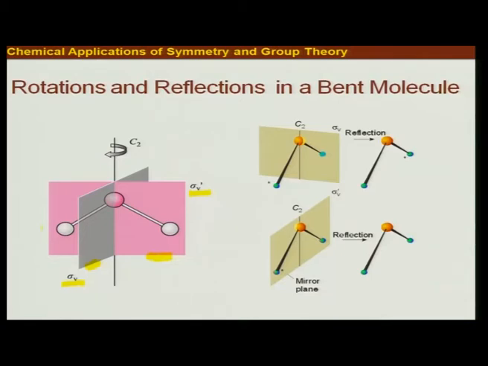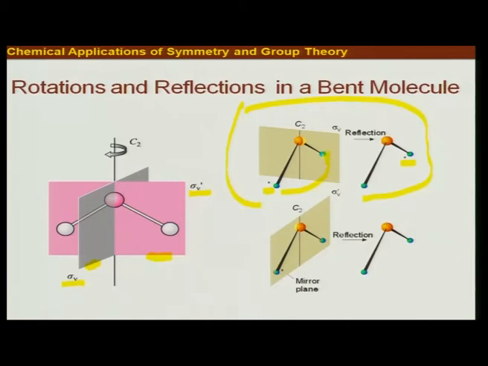Now on the same screen you can see that I am putting this C2 and sigma v there, and you can see how the operation will transform the molecule. In the first case, in this top part, you will see there is a star marked hydrogen atom which moves from here to here. So C2 will move this hydrogen atom over here.